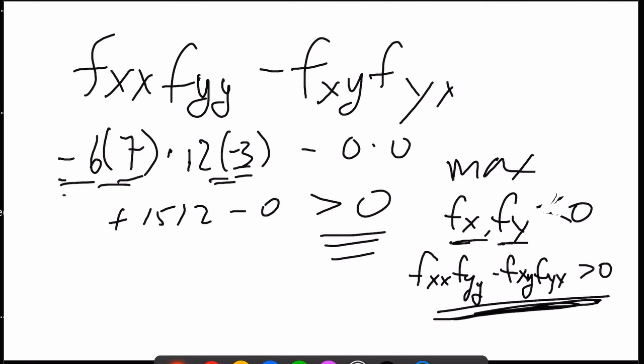Okay, let's be clear about what we know, and what we just learned. We already set fx and fy equal to 0.